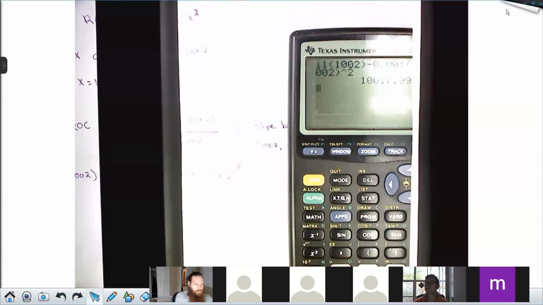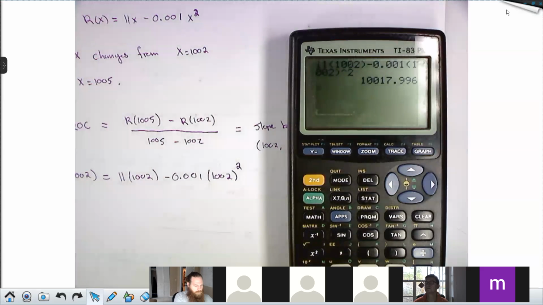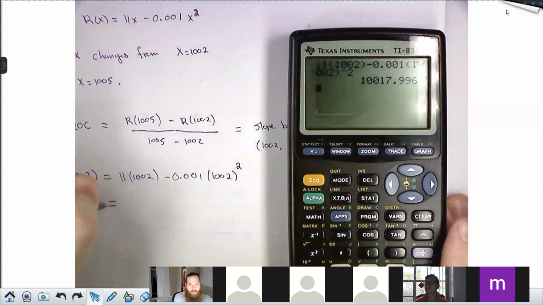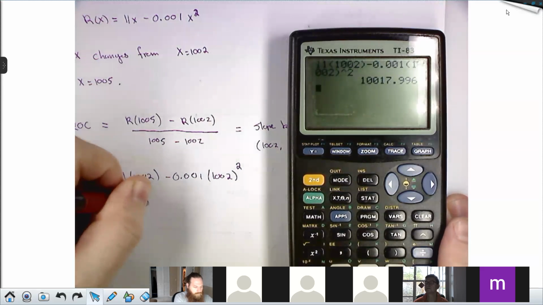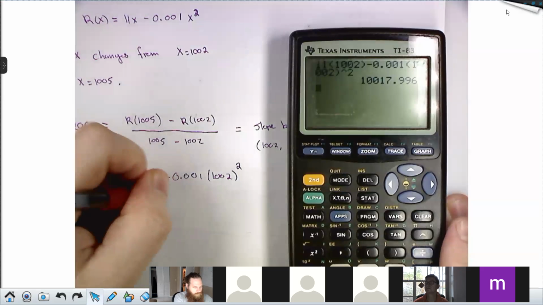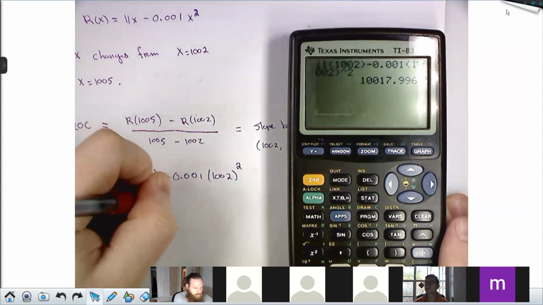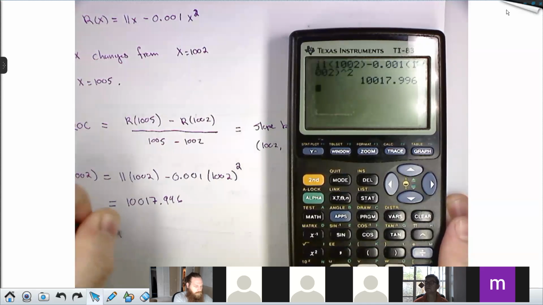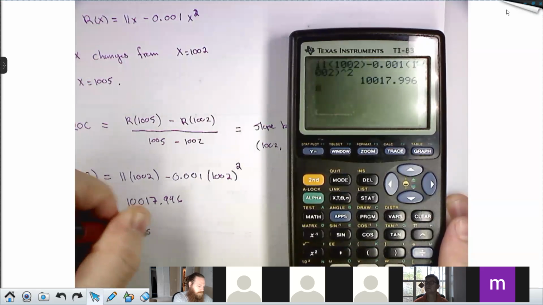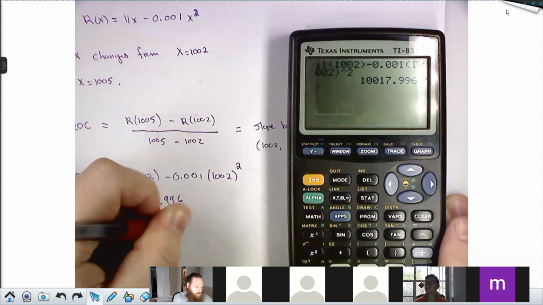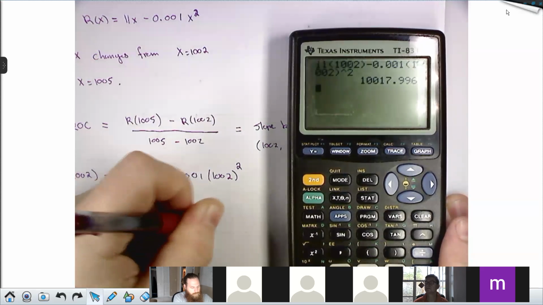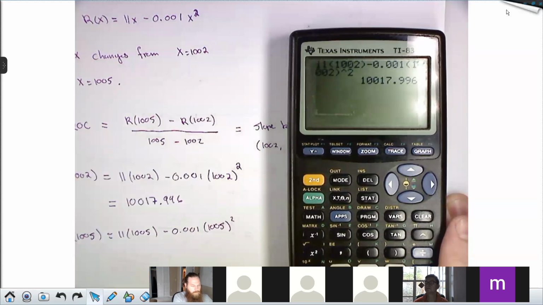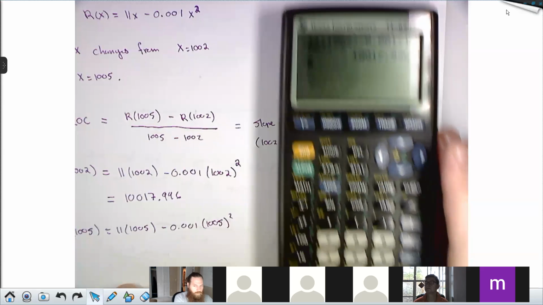So this is 10,017.996. And the other value we needed was R of 1005, which is 11 times 1005 minus 0.001 times 1005 squared. And we'll calculate that the same sort of way.